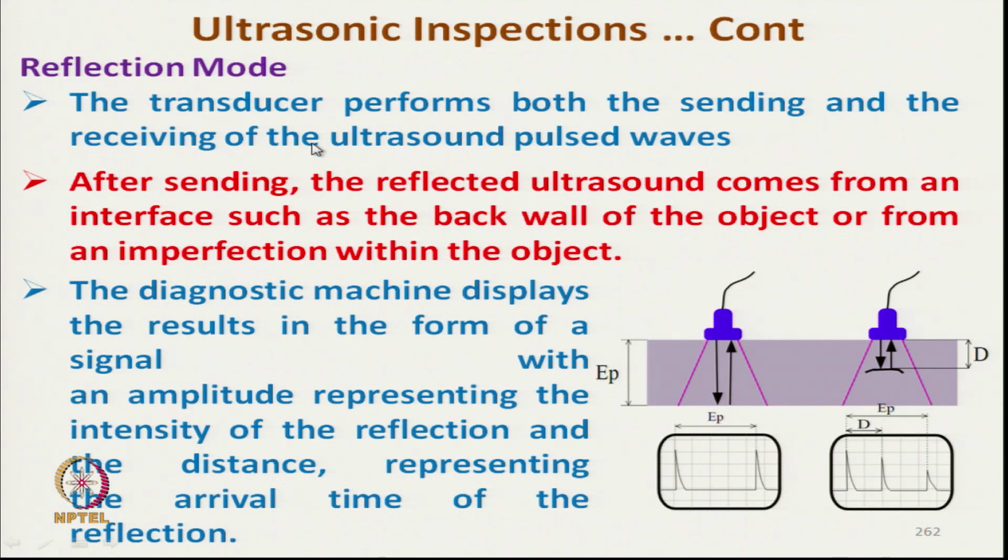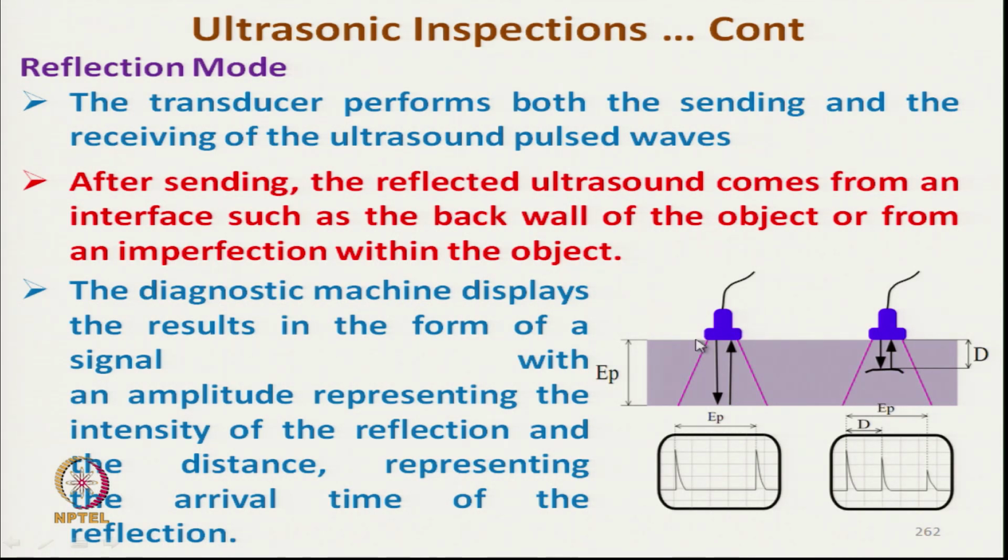The transducer here performs both the sending and receiving of the ultrasound pulse wave. It sends an ultrasound pulse and receives. After sending, the reflected ultrasound comes from an interface such as the back wall of the object or from an imperfection within the object, any damage.